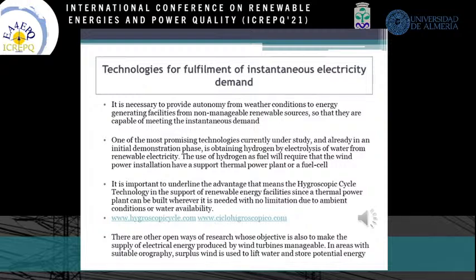It's important to underline the advantage that the hygroscopic cycle technology means in the support of renewable energy facilities, since a thermal power plant can be built wherever it's needed, with no limitation due to ambient conditions or water availability.